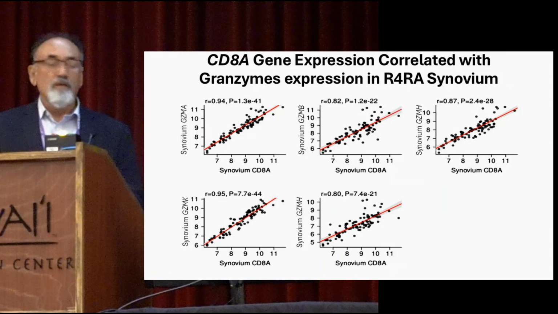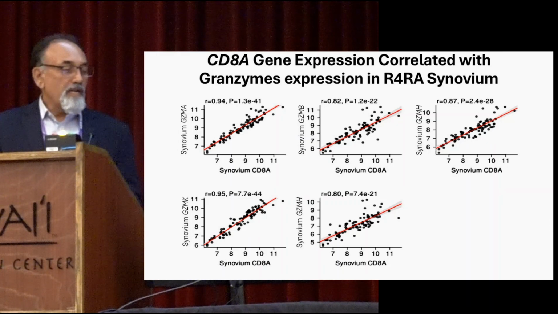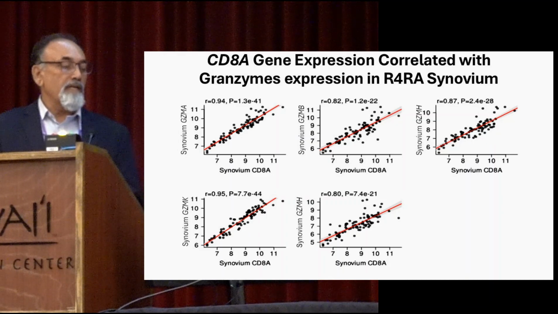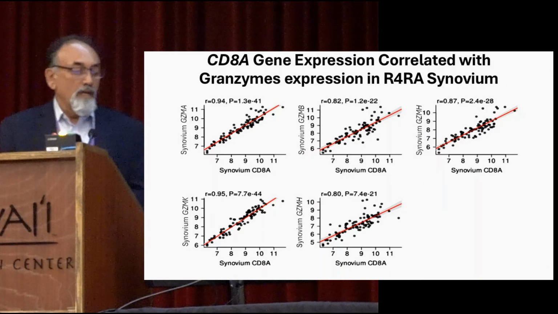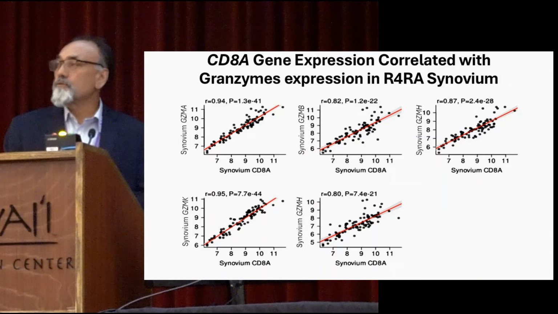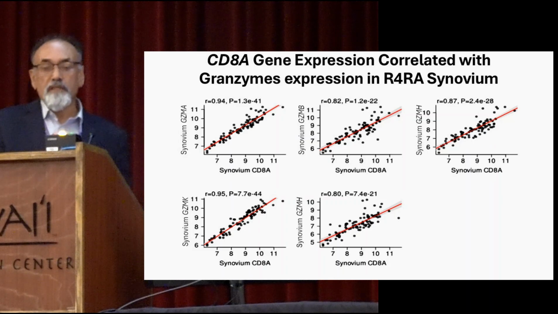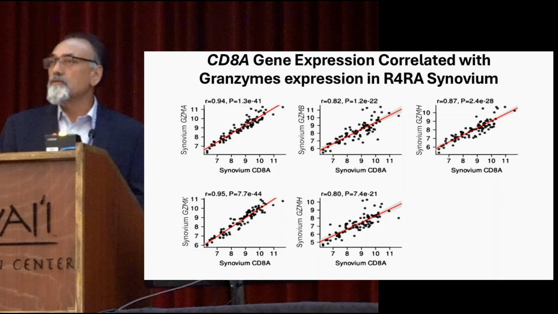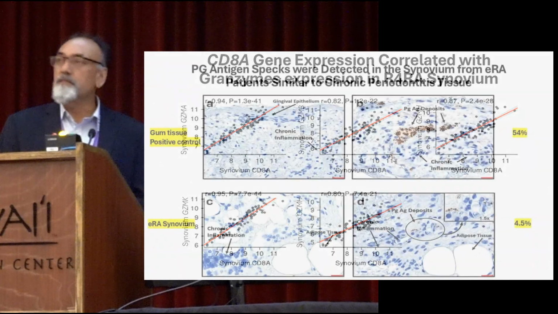CD8A is a gene which is specifically expressed on the CTL. Interestingly, we found a perfect correlation between CD8A and all of these granzymes. These data clearly show that whatever the percentage of CD8 T cells present, though very low, these might be CTLs.